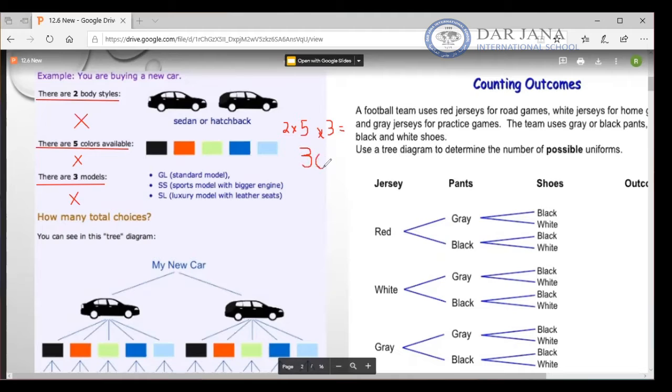I have 3 events, and for the first event I have 2 choices, for the second I have 5 choices, and for the third I have 3 choices.